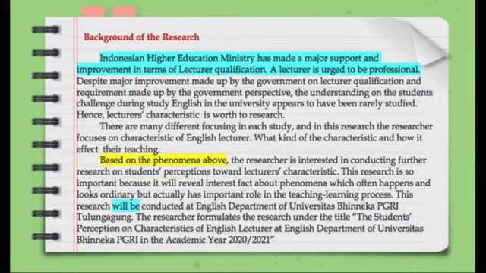Let's read this example of the background of the research and look at the first blue highlighted sentences. The sentences with blue highlight can be seen as a phenomena, and it is supported by the first sentence in the third paragraph.